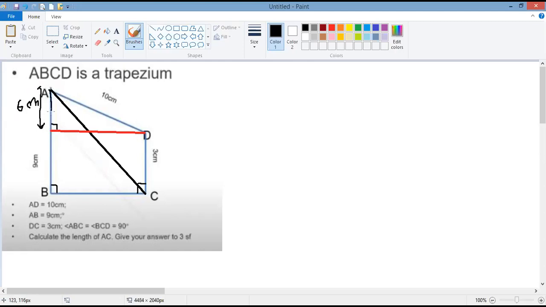Now imagine you're using this triangle, the green color one, this right angle triangle, to find the length of the red color line. The longer side will be 10 squared. C squared equals A squared plus B squared. A squared is 6 squared, plus B squared. B you don't know, so you have one missing length.